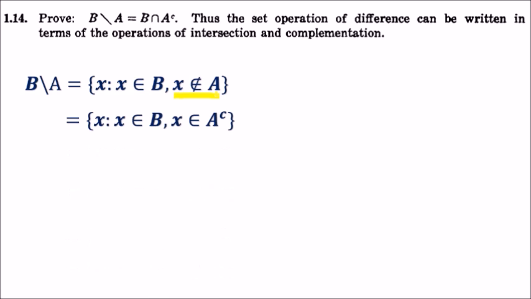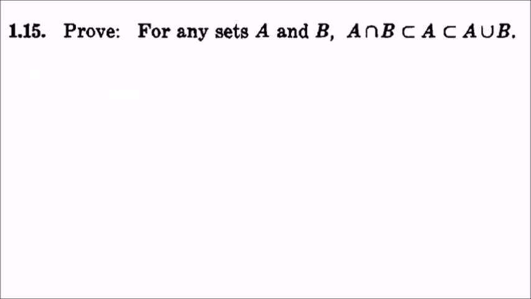Knowing this, X is an element of B and X is an element of A complement. We know that these two together form the intersection of B and A complement. So this is equal to B intersection A complement. As simple as this, we have proven that they are equal.